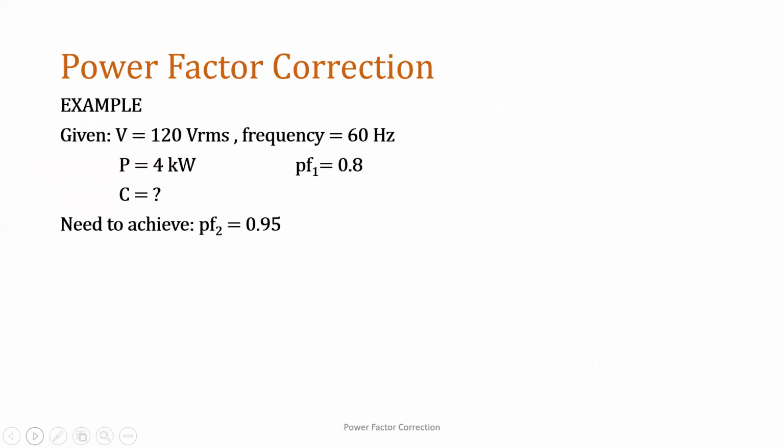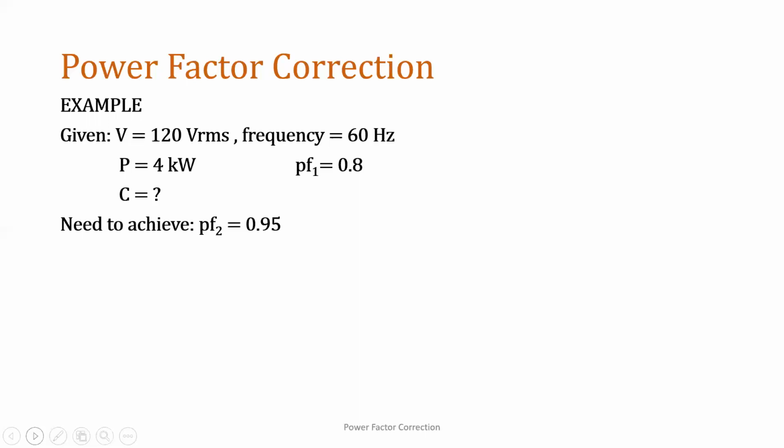Let's move to the example. Solving for power factor, involving power factor correction. We have this example: when connected to a 120 volts RMS, 60 hertz power line, a load absorbs 4,000 watts or 4 kilowatts at a lagging power factor of 0.8.